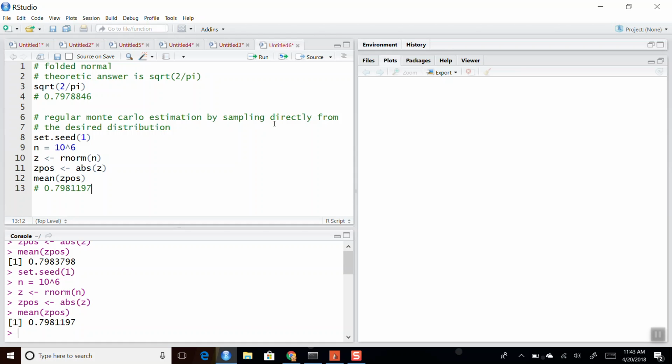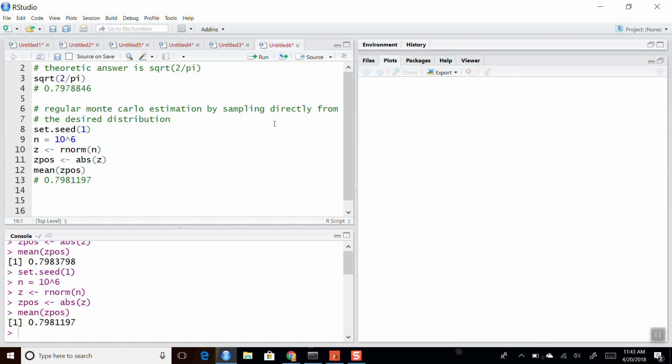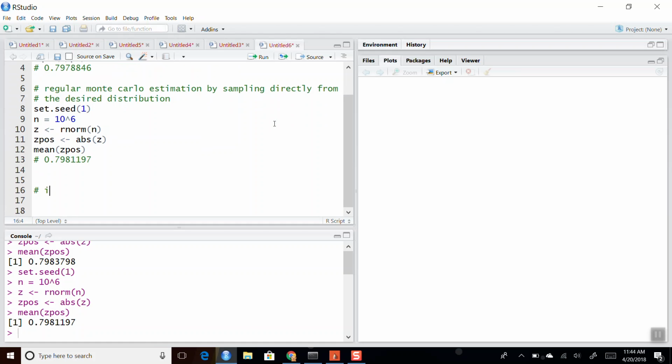That's a regular Monte Carlo estimation by directly sampling from f of x. We're able to do this. We're going to pretend now that we can't. So we'll do importance sampling.